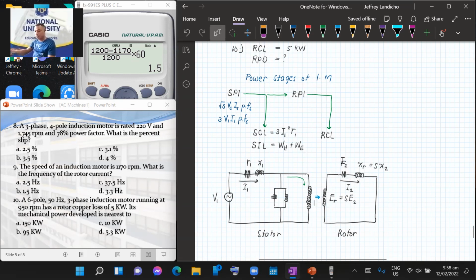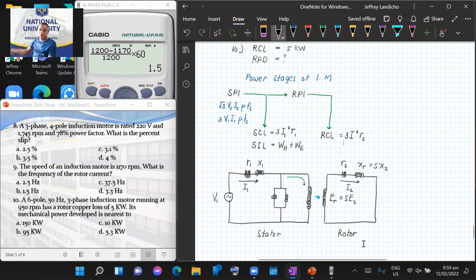So, that is copper. Tatanggalin natin yung power dito. So, the power here is rotor copper loss. Since naka-per phase yung ating equivalent circuit, so using Ohm's law, this is simply I2 squared R2. Kung 3 phase, meron tayong times 3. So that is the total rotor copper losses.